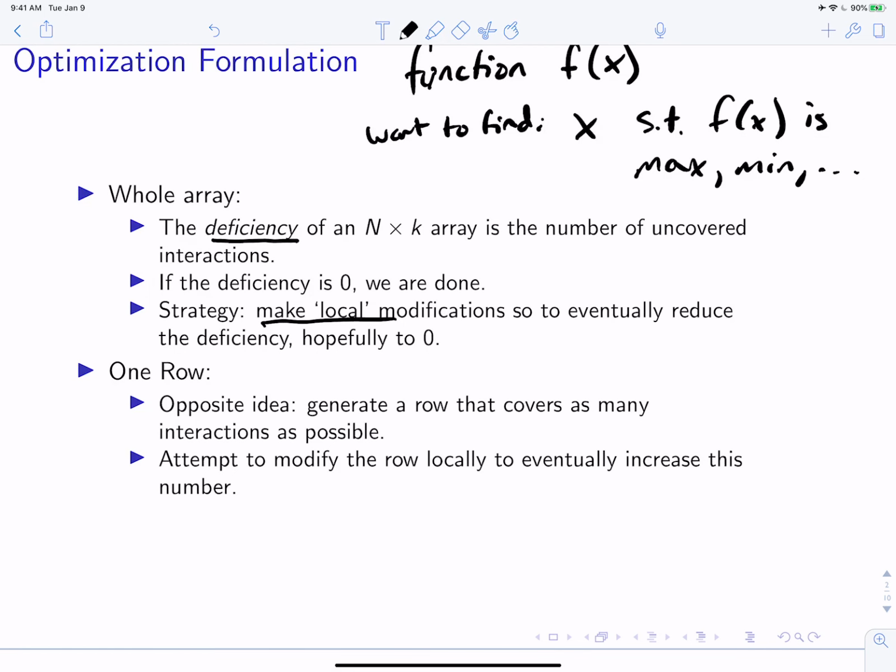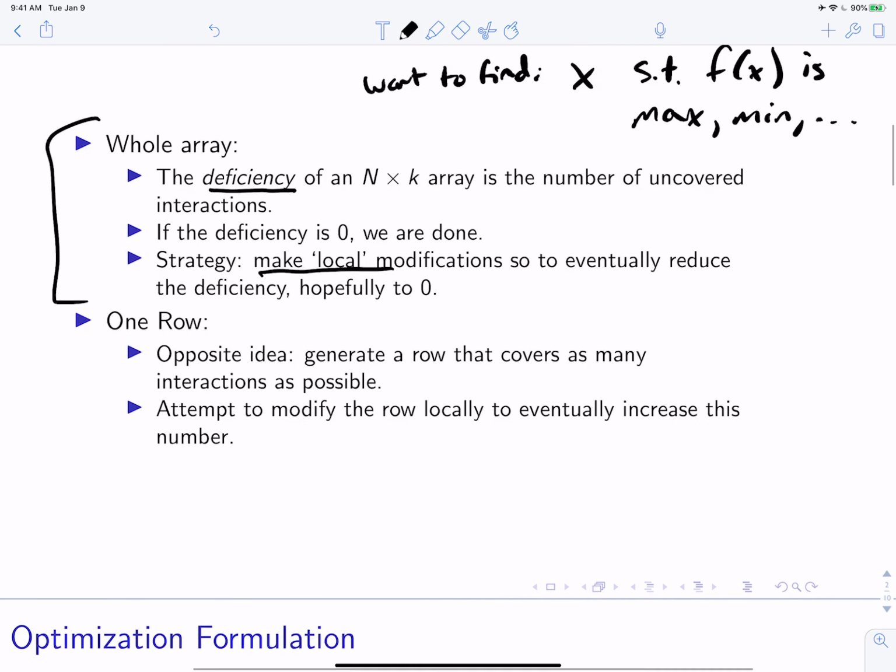That's over the whole array, and I'm going to tell you right now, that's not very effective, because if you're making a local change to the array, then it's very unlikely that you're going to make a very large change in the number of uncovered interactions, because the array is much larger than just, say, one position in the array.